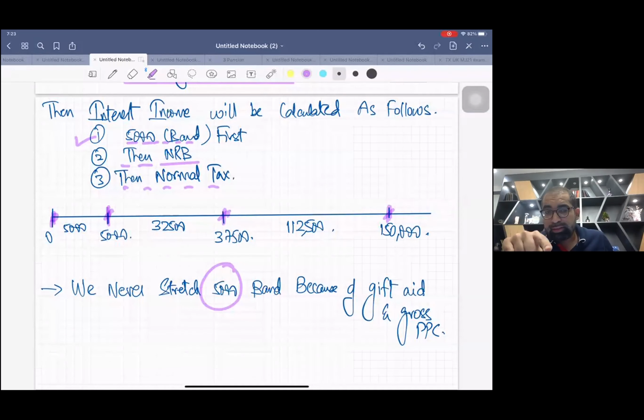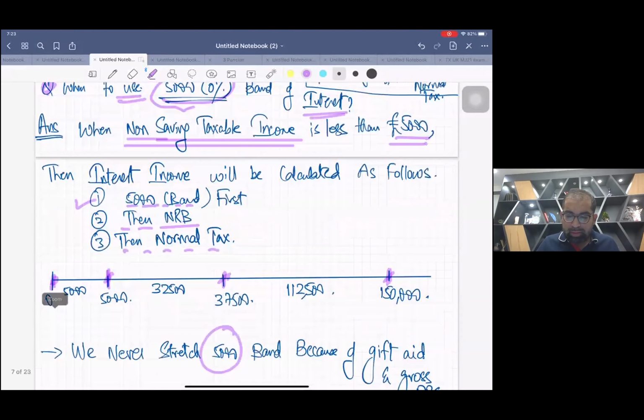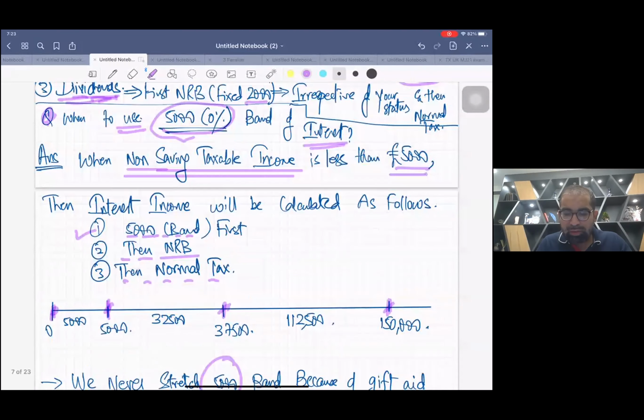Read my question: when to use this 5,000 0% band of interest? When non-saving taxable income is less than 5,000. Whenever the first non-saving taxable income column is less than 5,000, you will be using the interest income 0% band.